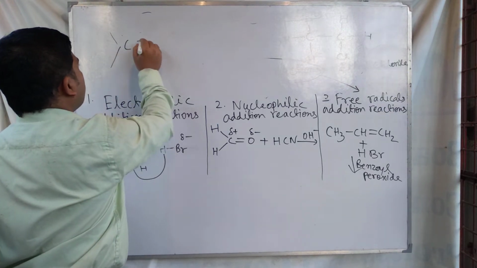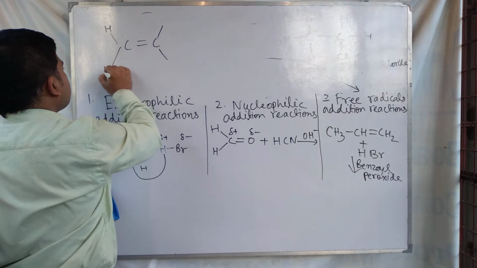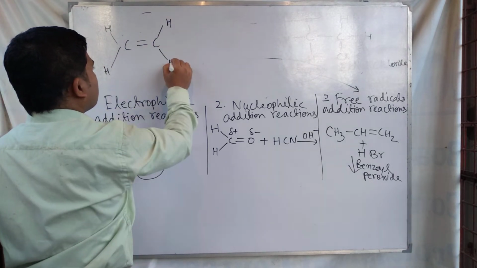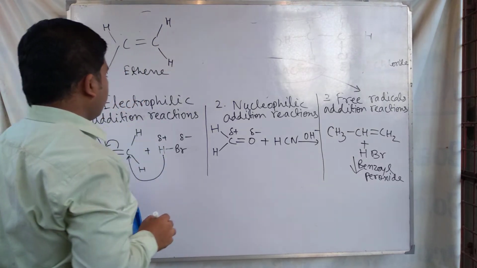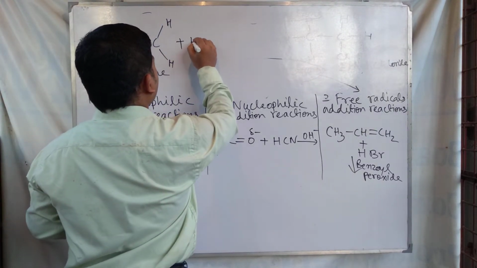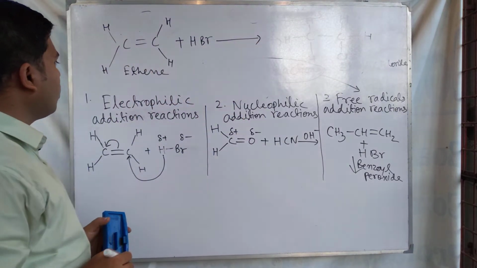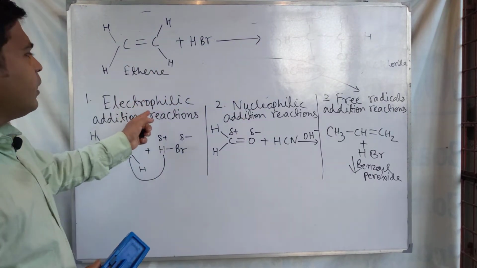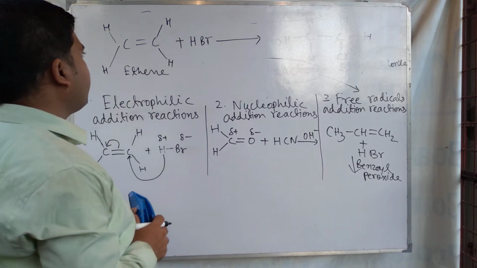Suppose we are taking an alkene, ethene, and in the presence of HBr, hydrobromic acid, it shows an electrophilic addition reaction. How does it show an electrophilic addition reaction?